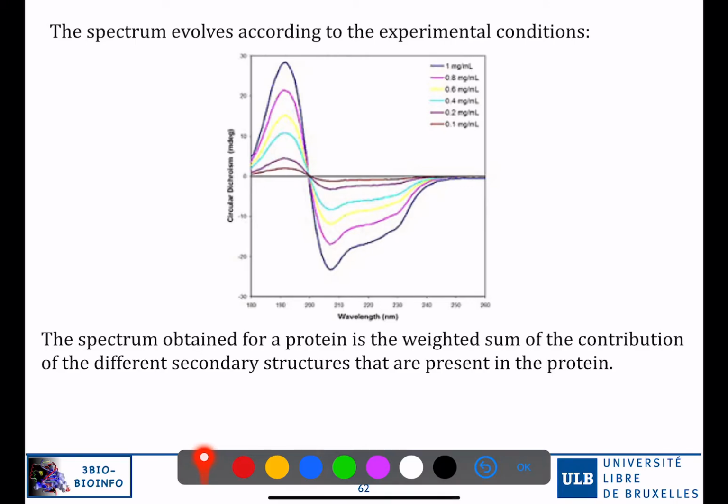Okay, so you see also here it's another example that the spectrum can depend on the experimental conditions. So that's the first remark.